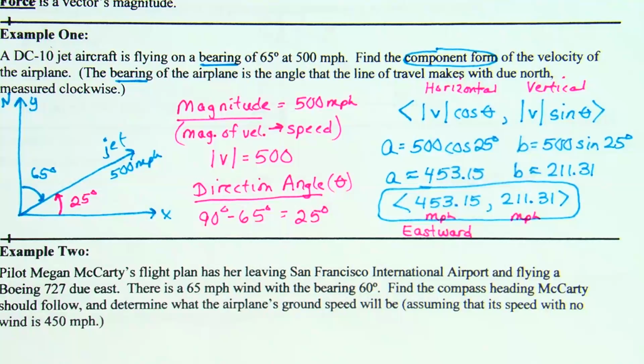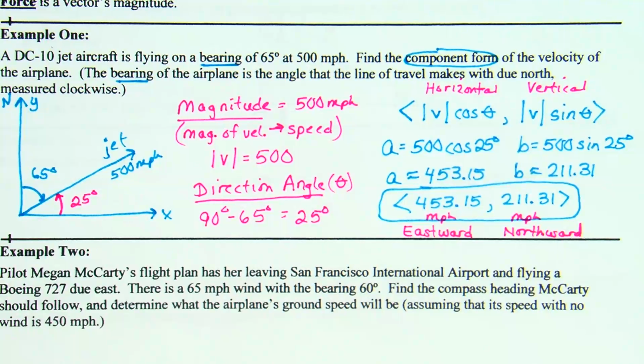Northern, however you want to put this. So the idea is that this jet has two pieces to this component. It's going 453 miles in an eastward direction and 211 miles in a northward direction. And combining them together is that 500 miles per hour overall. Okay?